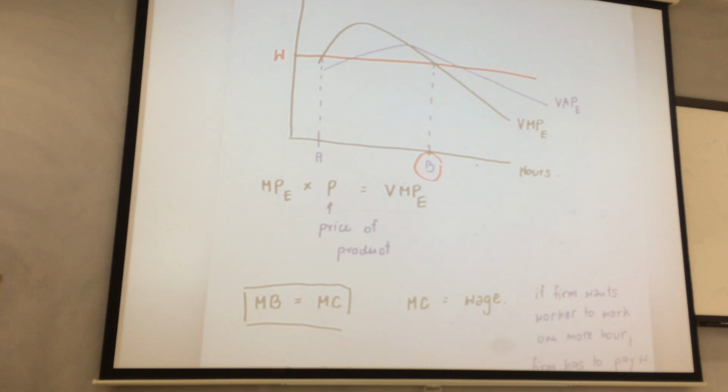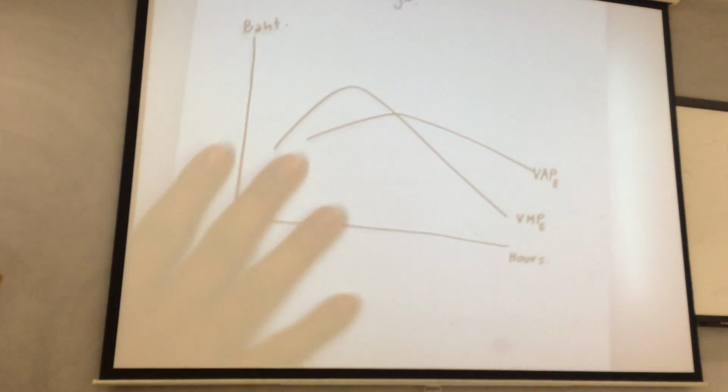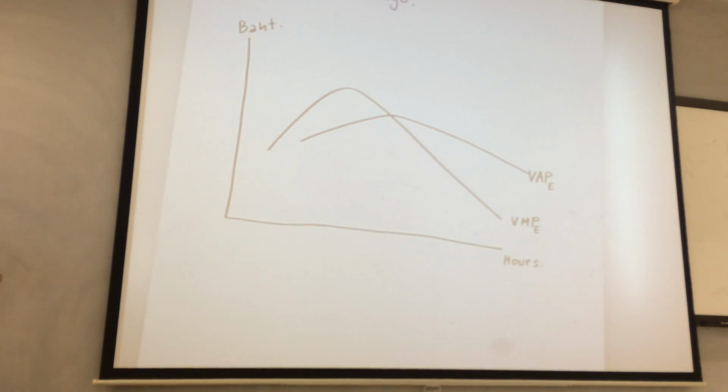This is super easy. You might feel, what are you talking about? It's so easy. So which part of this value of marginal product line can you consider as the demand curve for firm hiring?